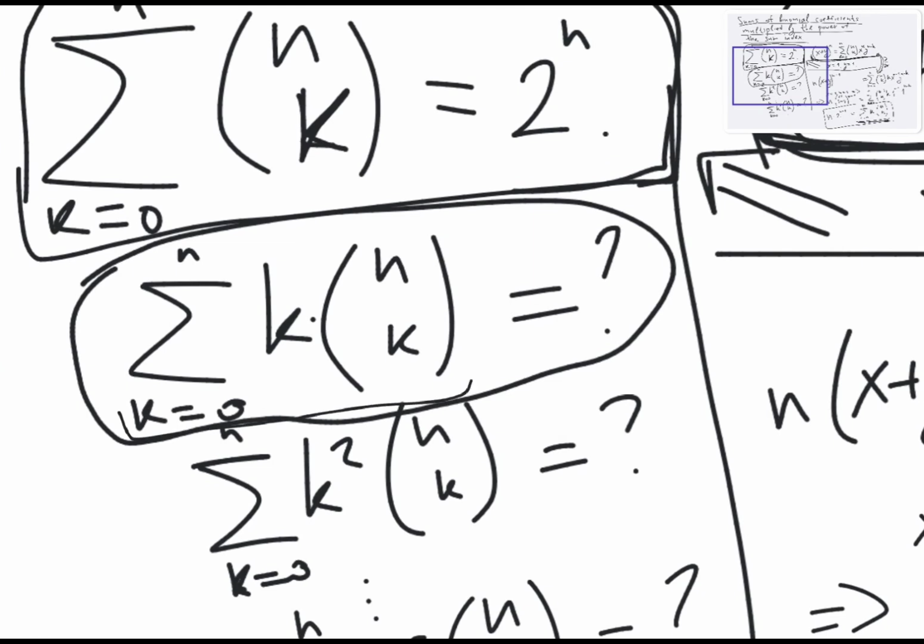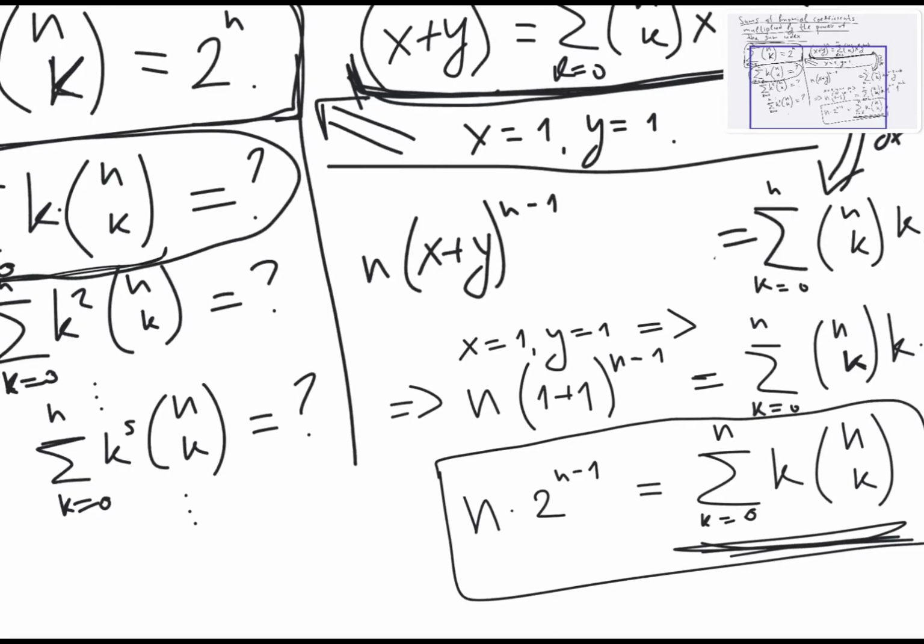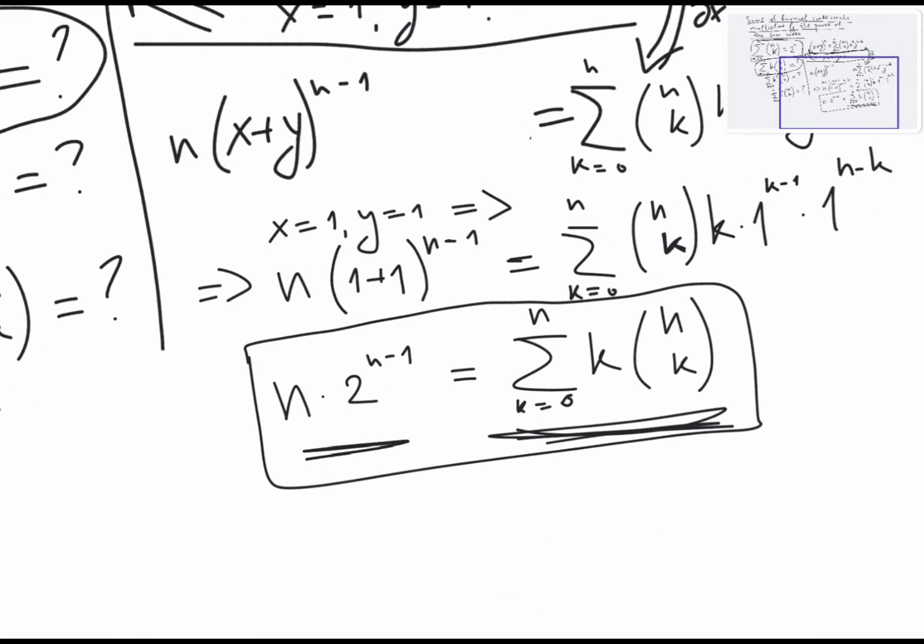So the answer is n multiplied by 2 to the power n minus 1.